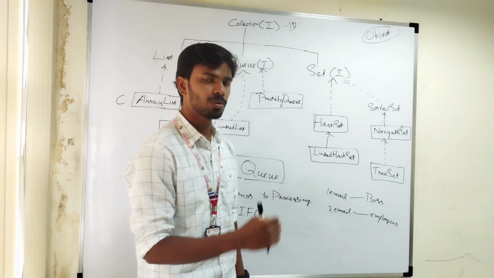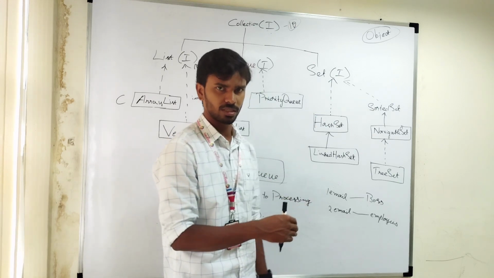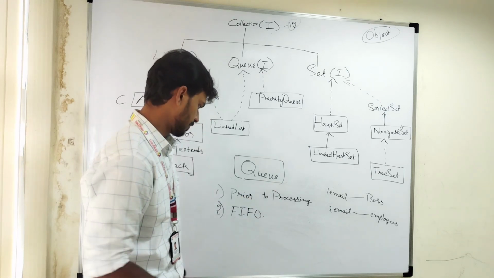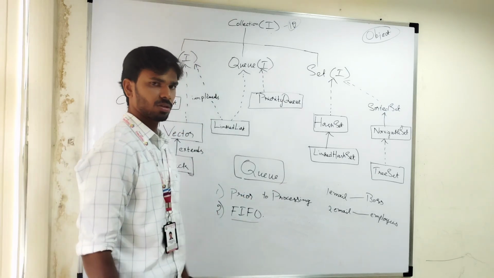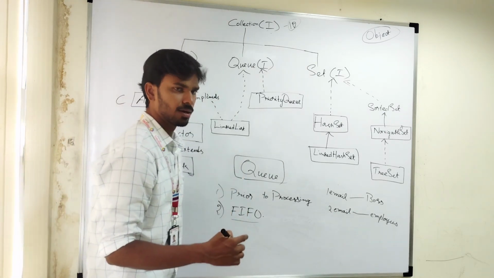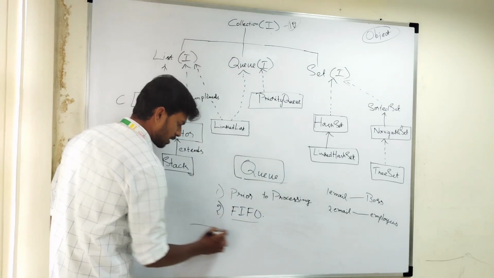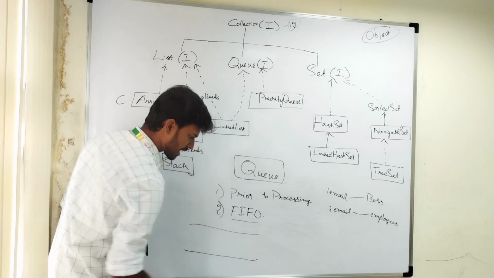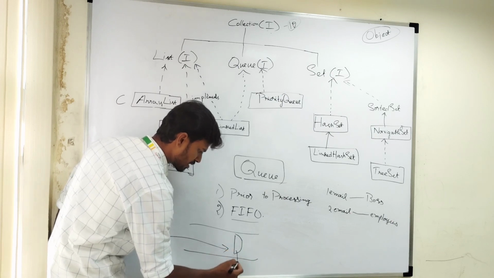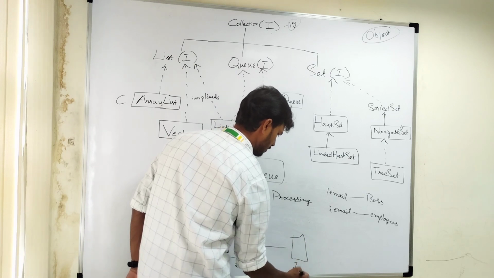So based on the position and the designation we give priority, right? That will be followed in the queue interface. And next, first in first out. First in first out means the elements are given priority the way first come, first served. Inside the queue, suppose there is a memory area like this. The first object entered, this is the first object, then the first object will come out first.